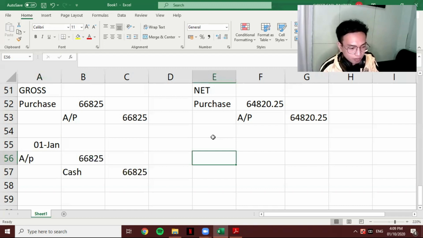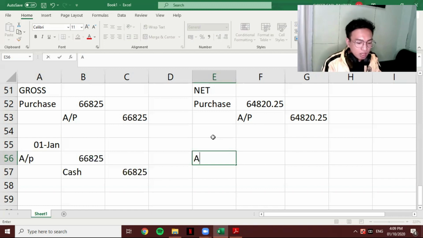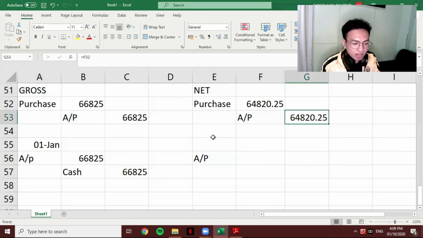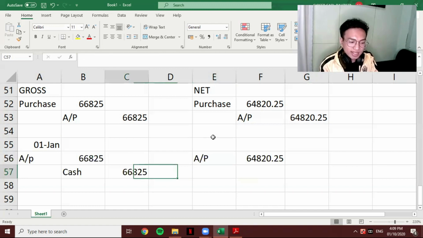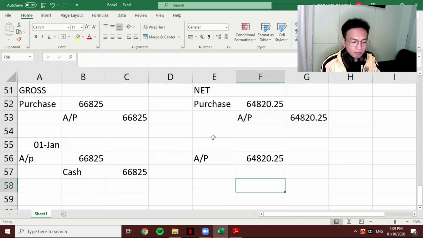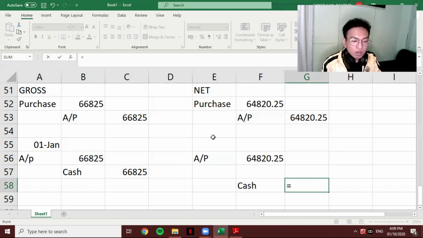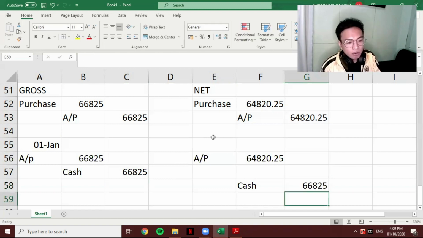However, in that method, nagkaroon ng payment outside the discount period. So what will happen here is your accounts payable amounting to 64,820 is not really just the payable amount. We know that 66,825 should be our payment to our supplier dahil wala tayong nakuhang discount from them.